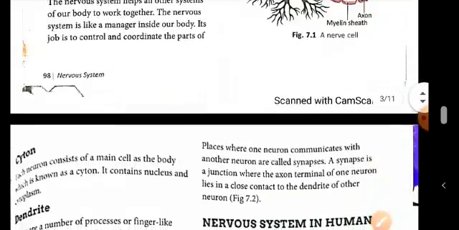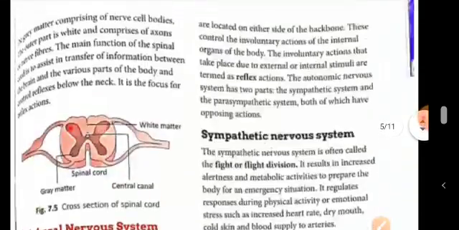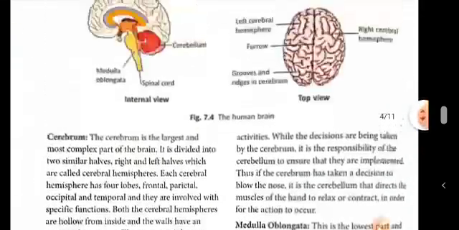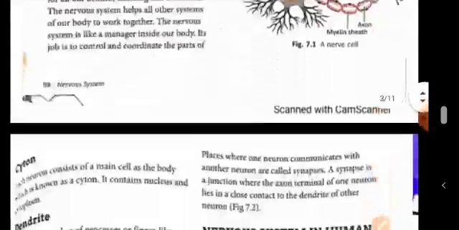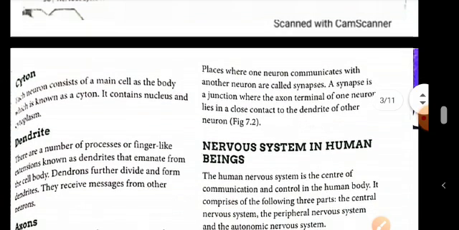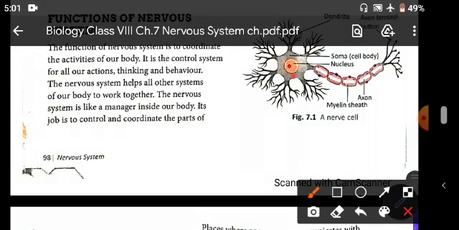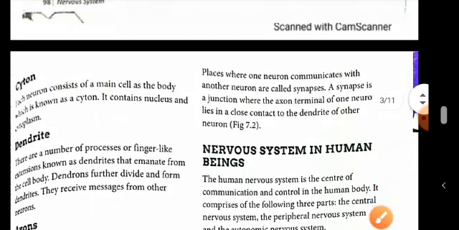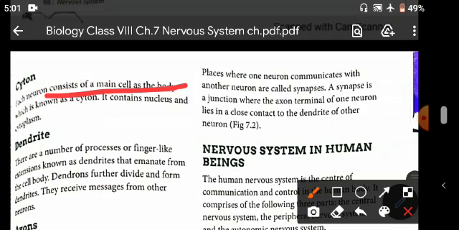About neurons you had seen here. Next, after the neuron, here you will study the parts of neuron. So first is cyton. I had told you this one is cyton and this is axon and this is nerve ending. These are dendrites. Each neuron consists of a main cell body that is called the cyton.